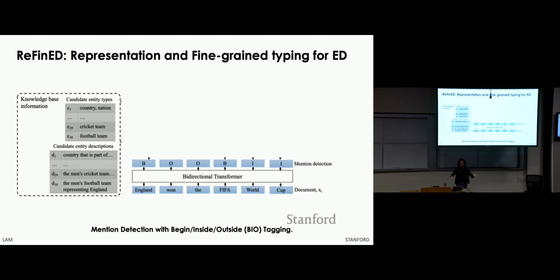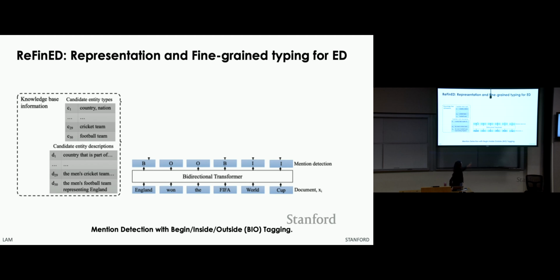So this is the complete pipeline. So there are two tasks, right? The first one is to find the mention, and the second one is to map it to the entity. So in this case, you have a bidirectional transformer. It takes the sentence, and it first of all marks the mention. B stands for the beginning of an entity, O means nothing, and I means continuation.